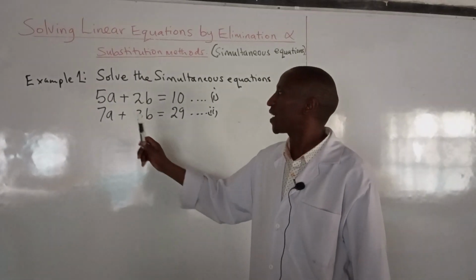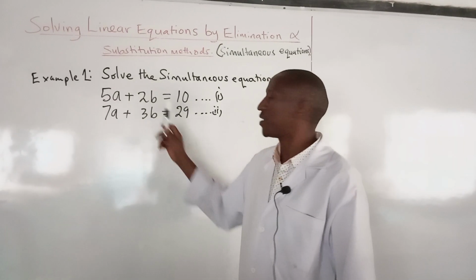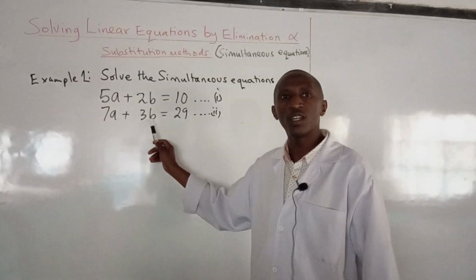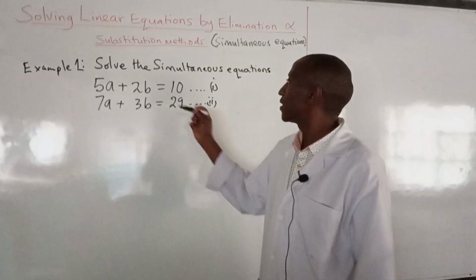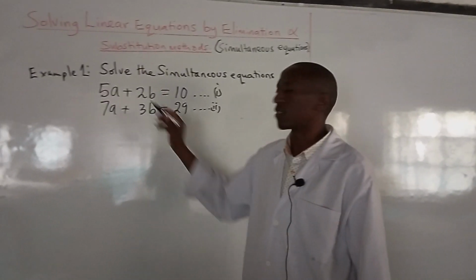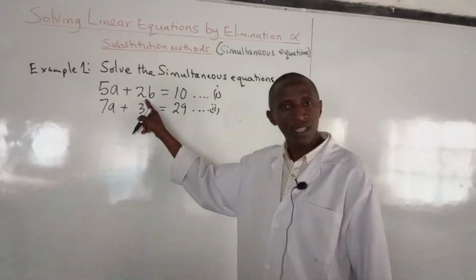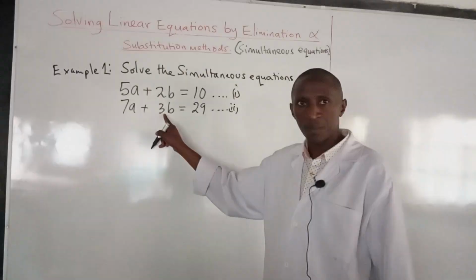If, for instance, we choose to eliminate, say for example b, the unknown with a smaller multiplier, then we shall need to create the same multiplier in equation 1 for b and the same multiplier in equation 2 for b.